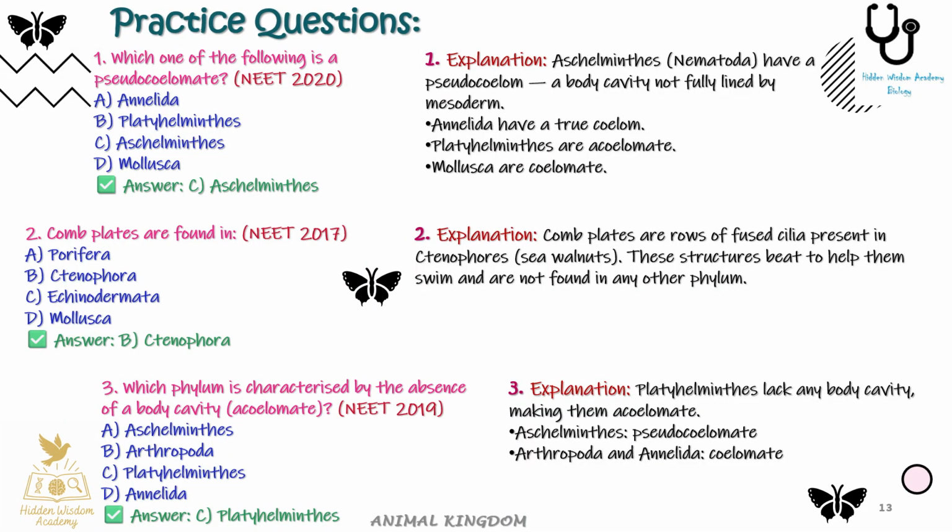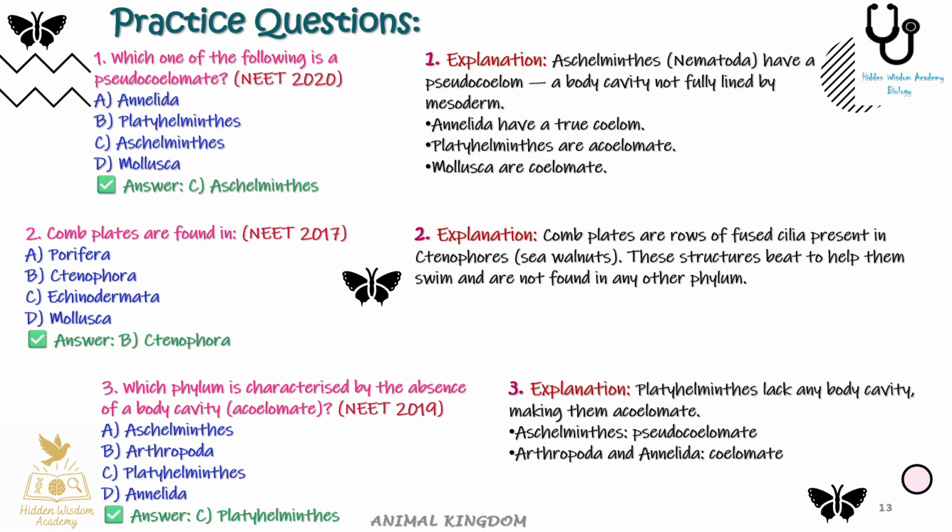Let's practice a few questions from the topics learned today to test your knowledge. Question 1. Which one of the following is a pseudocoelomate? From NEET 2020. Option A, Annelida. Option B, Platyhelminthes. Option C, Aschelminthes. Option D, Mollusca.